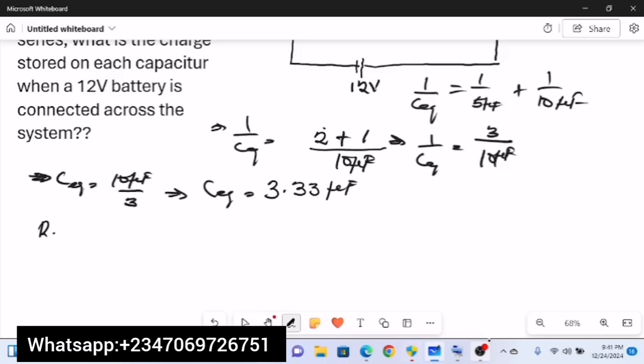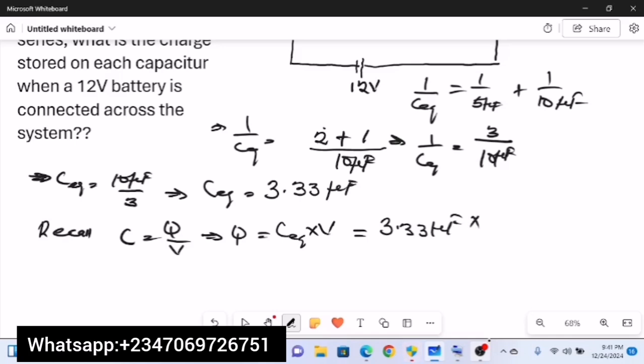So now you recall your capacitor equation. Capacitance is simply charge all over potential difference. So you make charge the subject, that becomes the equivalent capacitor multiplied by the source potential difference. So this is going to be equal to the equivalent capacitor we obtained, 3.33 microfarad, multiplied by the voltage source given there, which is 12.